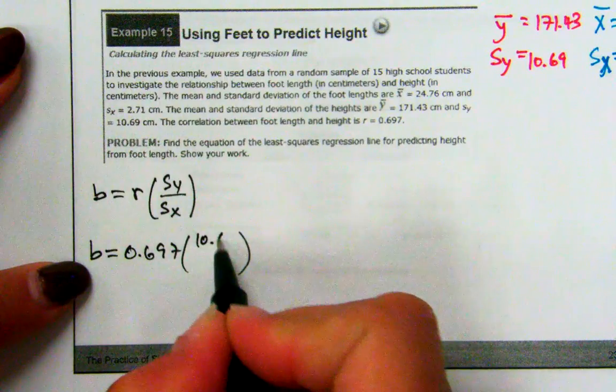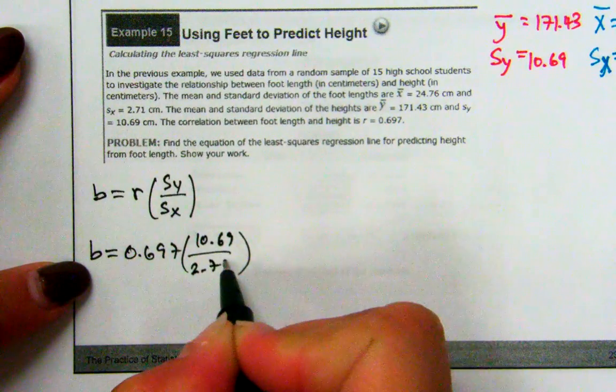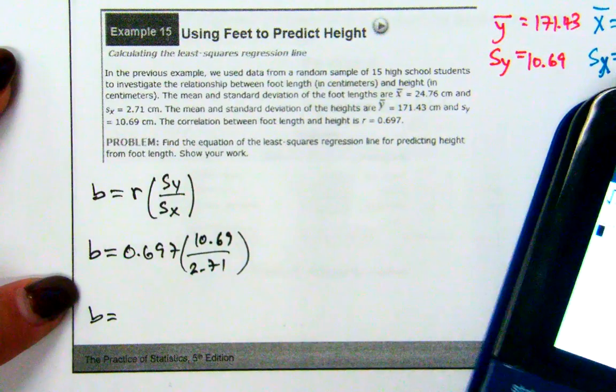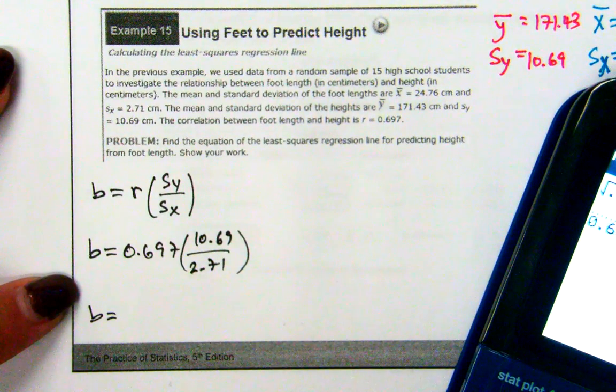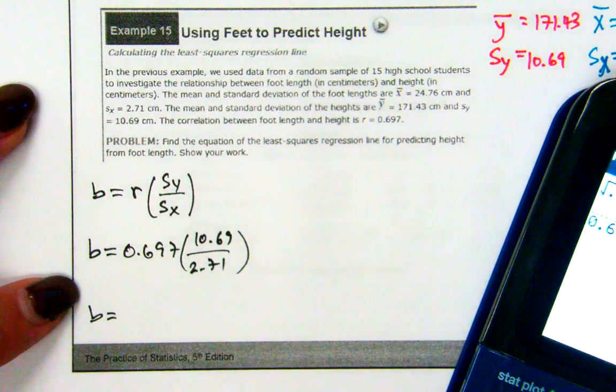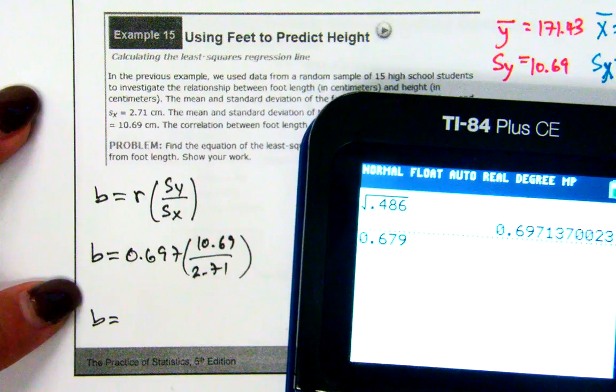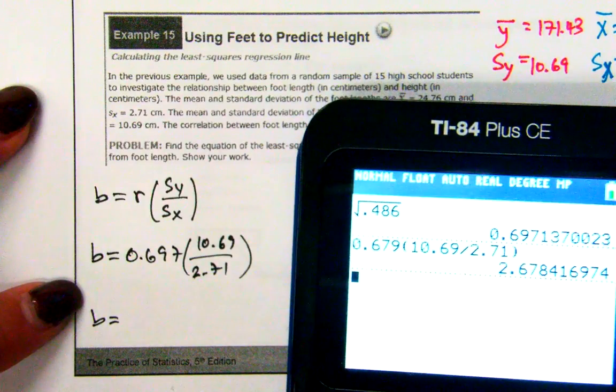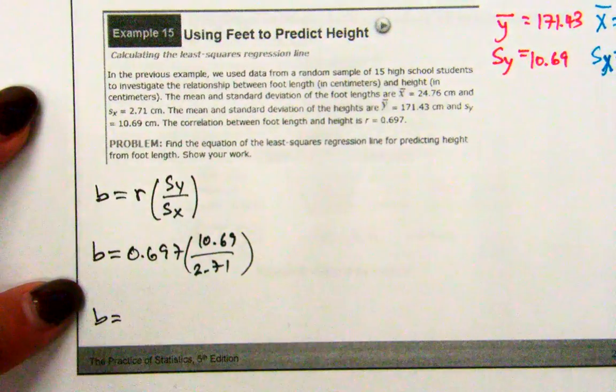So we're going to get a B value of, I'm just working it out, 0.679 multiplied by 10.69 divided by 2.71, and 2.678.